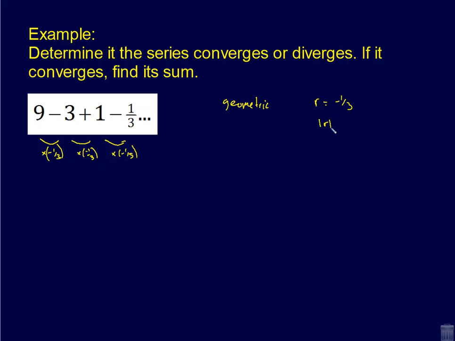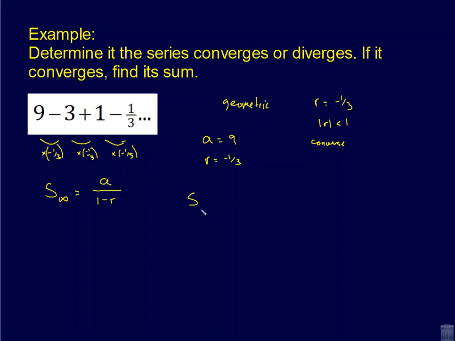So this is a geometric series. The common ratio is -1/3. And since the absolute value of r is less than 1, the series will converge. Just a matter of to what. So remember, the first term is 9, and the common ratio is -1/3. So our sum of an infinite geometric series is a over 1 minus r, assuming that the ratio is the right size, and it is.